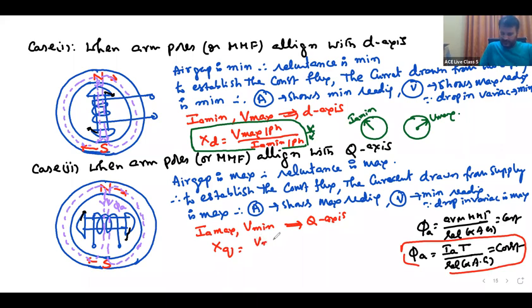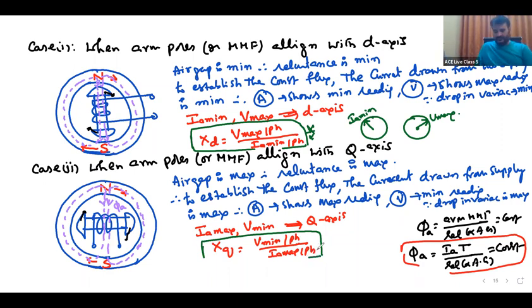So XQ is V minimum per phase divided by IA maximum per phase. This is XQ, along the quadrature axis.